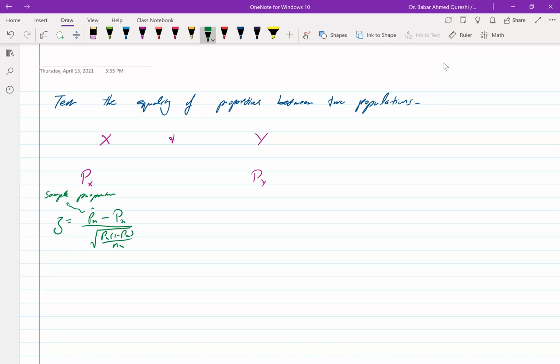So you picked a sample of size nx, and obviously in the sample you can get many different proportions based on your luck. So the sample proportion is a random variable, but its statistical average, its expectation value, is going to match the population proportion. And its variance will be given by this number. So this whole thing becomes a standard normal. Now, the same comments apply to population Y.